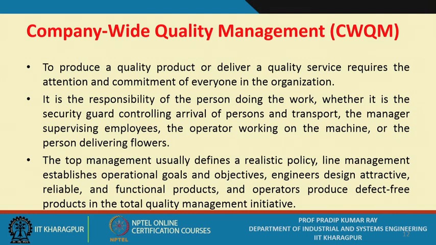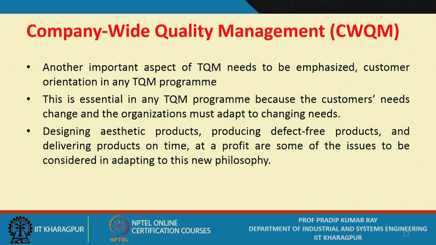So these are the points I advise all of you to look into, and then only get an idea about what actually the total quality management system is. Another important aspect of TQM that needs to be emphasized is the customer orientation in any TQM program. That is one of the pillars, one of the focused areas.